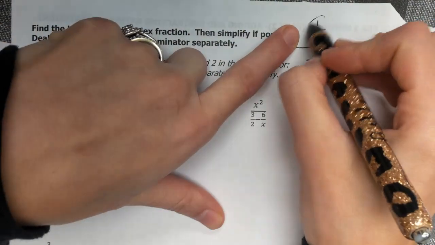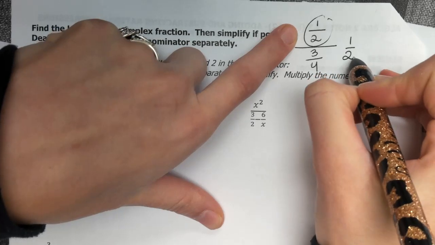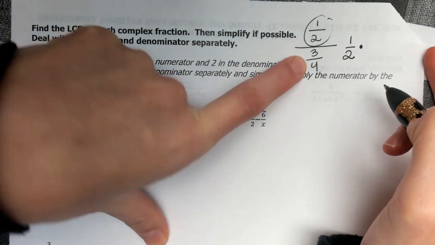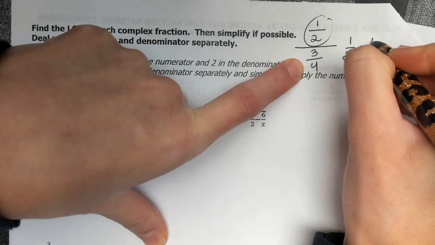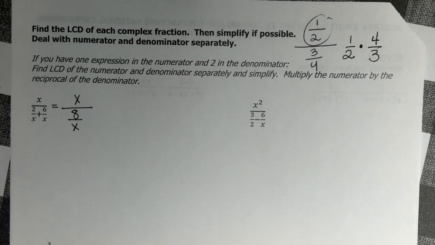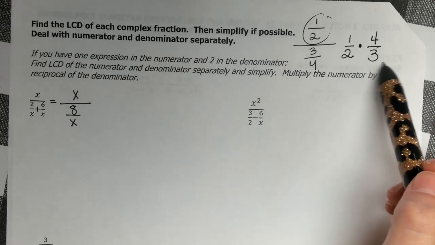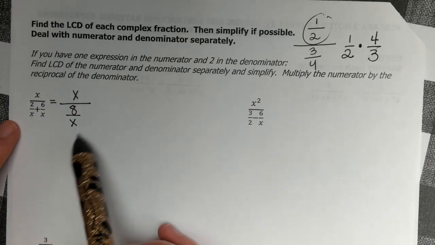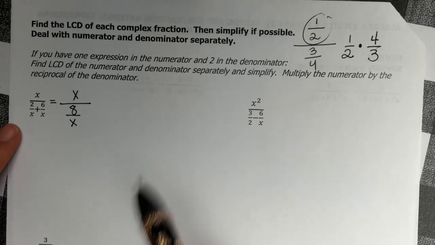So I would keep the 1/2, change the division to multiplication, and I would flip 3/4 to 4/3. You're multiplying by the reciprocal, and then you would simplify from there. I'm not going to do it, but you get what I'm trying to tell you. That is what you're doing with complex fractions.